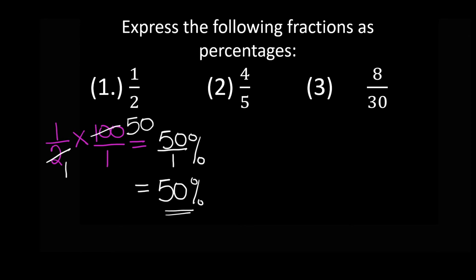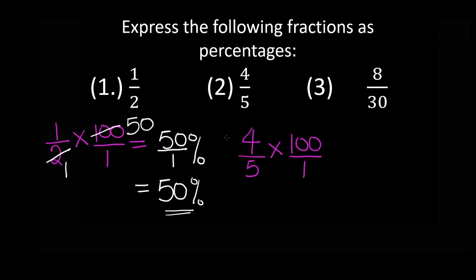Alright, let's take a look at another example. 4 over 5. We need to convert 4 over 5 to percentage. So you multiply it by 100. And 100 means 100 over 1.